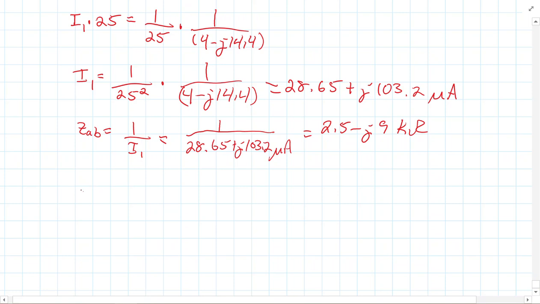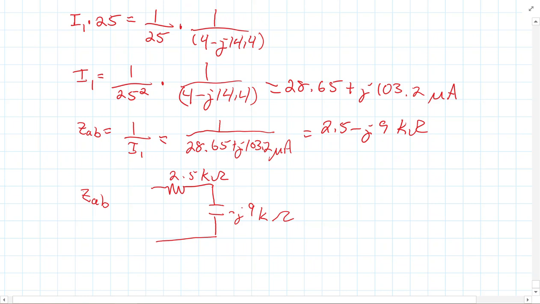So that means that this transformer is going to see this ZAB, the equivalent circuit for it would be a resistor with a capacitor: minus j9 kiloohm and 2.5 kiloohm. Now, you might say, why would I do that?